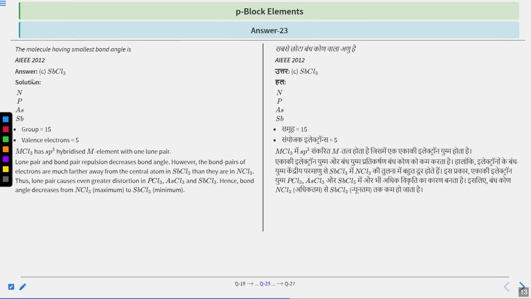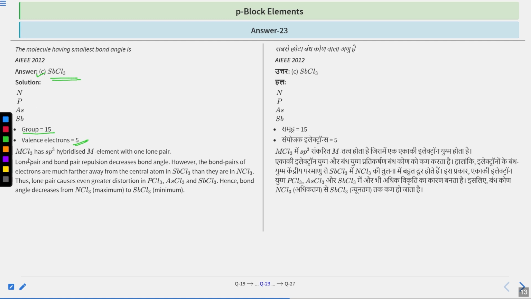Let's see. The correct answer is option C, that is SbCl3. So nitrogen, phosphorus, arsenic, and antimony. Okay, these all belong to the group 15, and as it belongs to group 15, so valence electron for all of them is 5, right? Because in the same group, the elements have the same number of valence electrons.